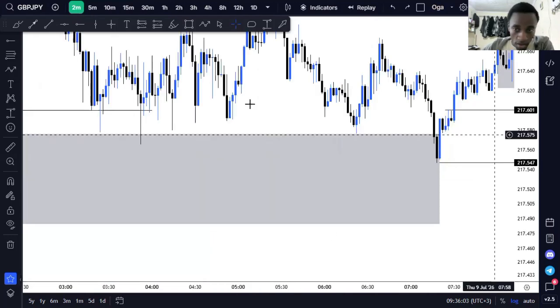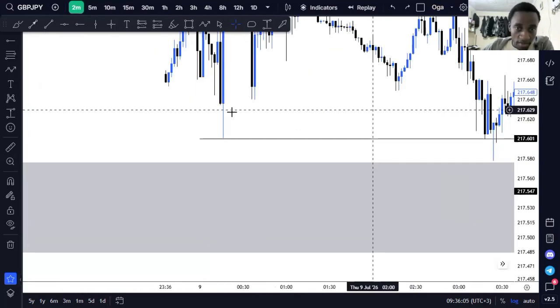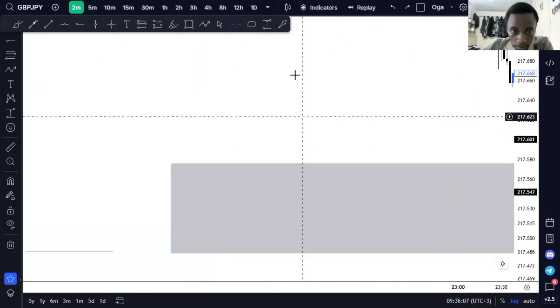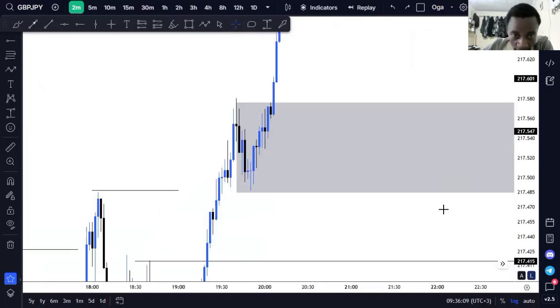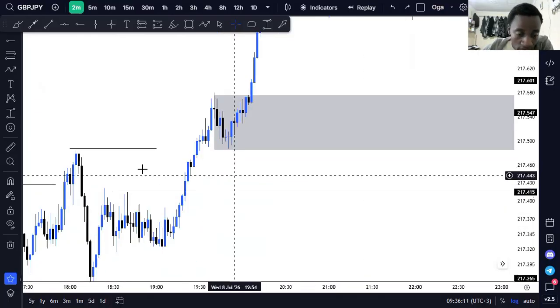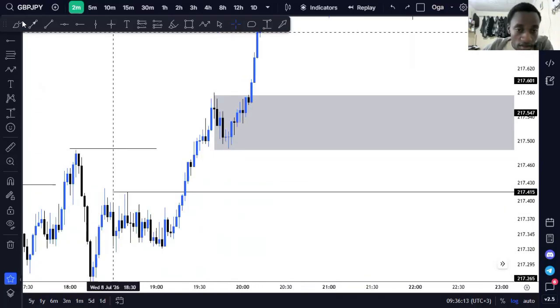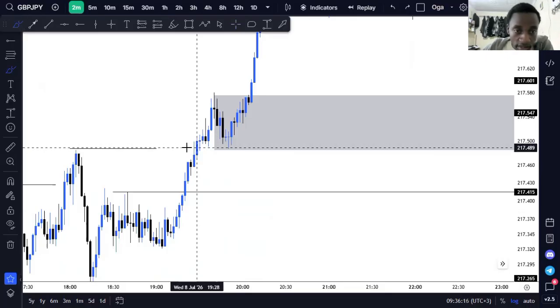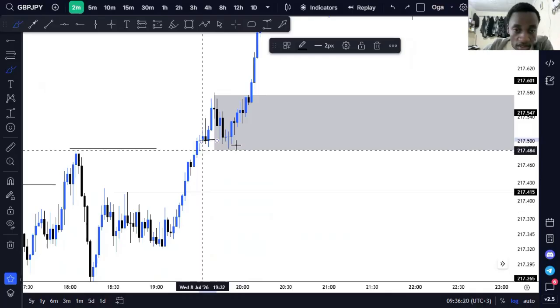Let me check on my left side whatever happened. Yeah, on my left side you can see we had a reaction here. There's a wick here, then it presented this structure.